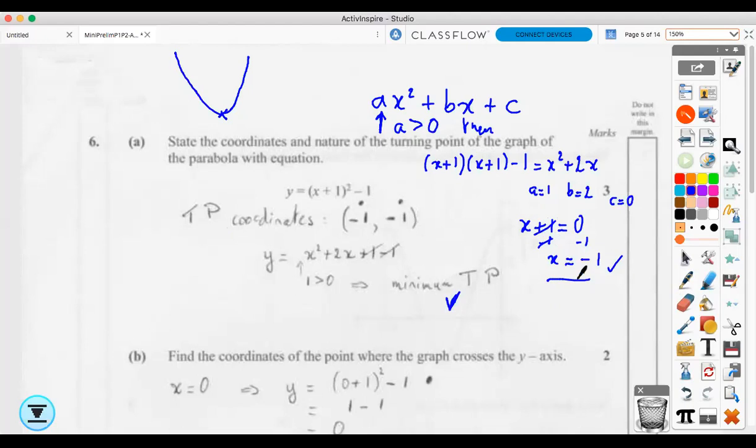So you'd be surprised how many people struggle with this one. Or what I used to say is if you've got x plus p squared minus q, the first one is always minus this number here. But because I don't like people remembering things, it's better to understand what you do. Okay?